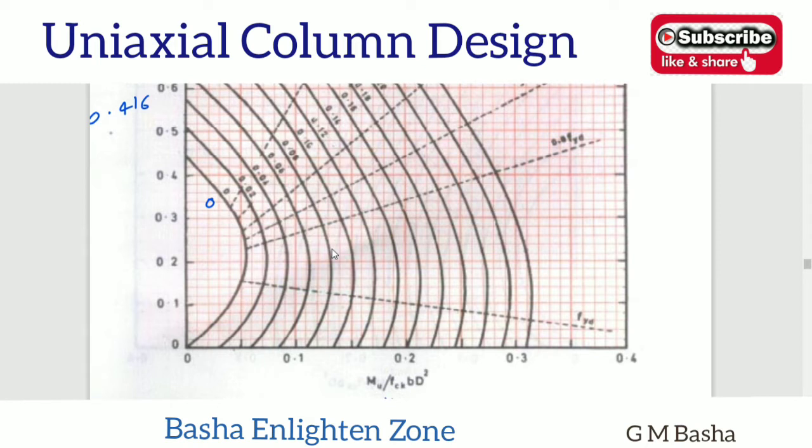0.138. Okay. See here. So based on this graph, I am going for the approximate values. This is 0.4 and 0.5, so our value lies in between these two.